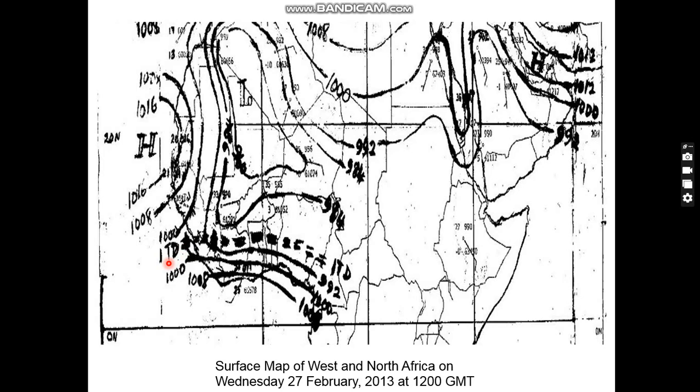Then after this, we continue with the isobaric analysis, that's the analysis of pressure. Now for the analysis of pressure, we begin again with 1000. We can increase or decrease on the basis of the station values of pressure.